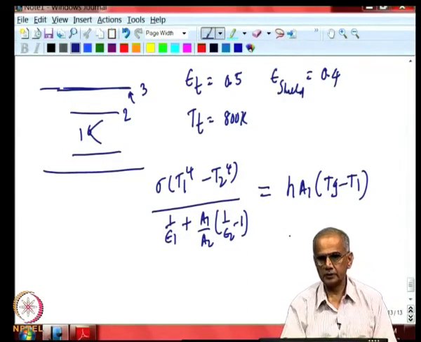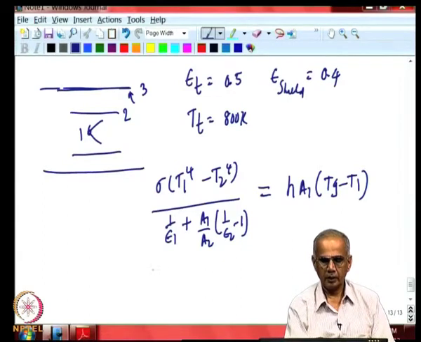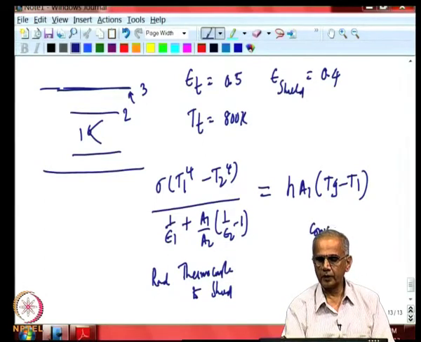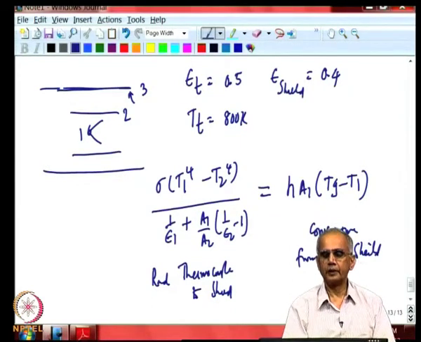So, this is a balance between rate of transfer from thermocouple to shield with convective transfer from gas to shield. Okay.